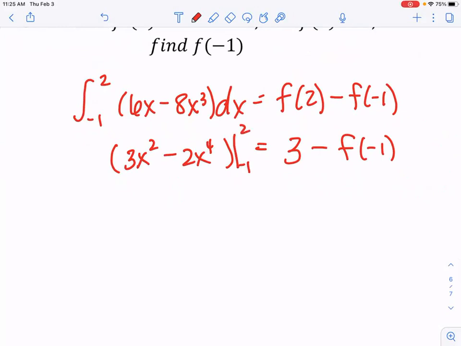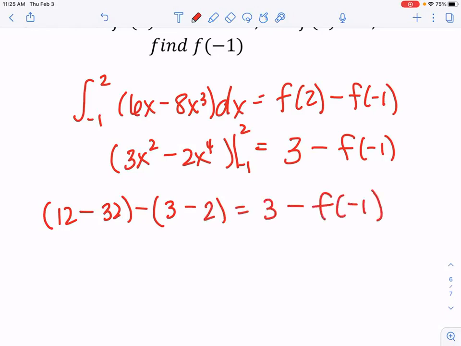Okay. 3 times 2 squared minus 2 times 2 to the 4th minus 3 times -1 squared minus 2 times -1 to the 4th equals 3 minus f of -1. Okay, so over here, we have -21. So -21 equals 3 minus f of -1.